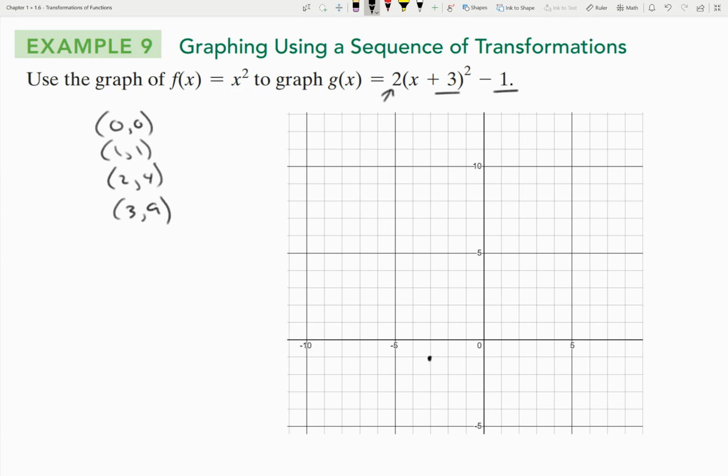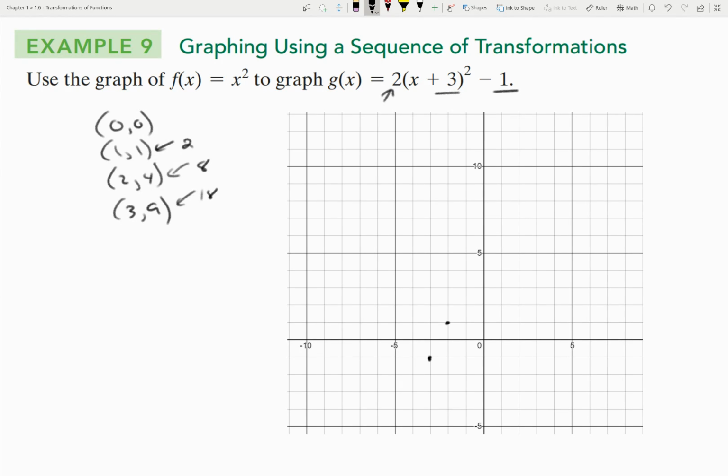So I could move every point, right? Left 3, down 1, left 3, down 1. But I can just count those steps from my vertex, but I do need to multiply the outputs by 2. So from my vertex here, I'm going to go right 1 up 2 because I'm going to multiply. This is a little confusing. I'm going to multiply this one by 2. So this output would turn into a 2, this one an 8, this one a 18.